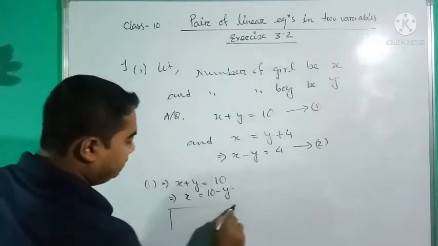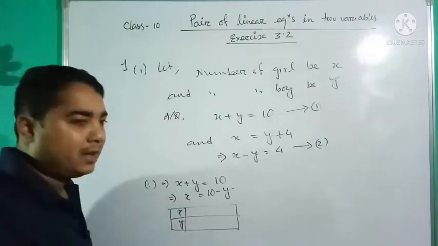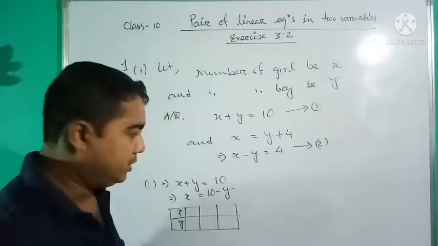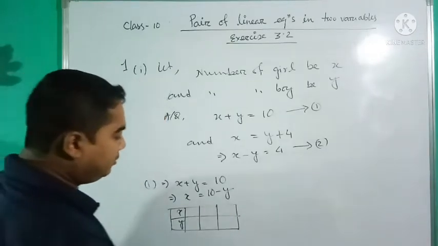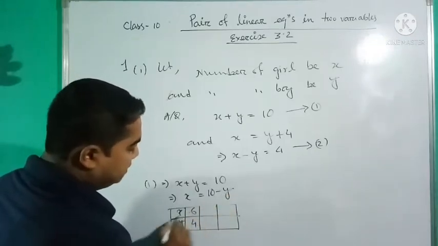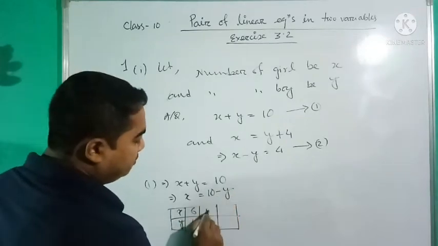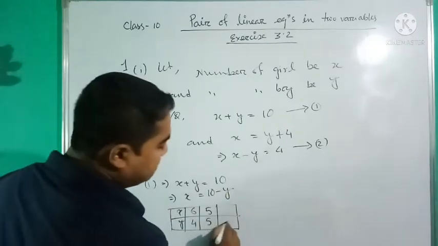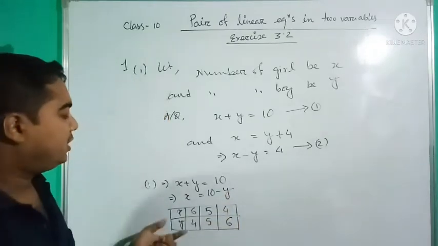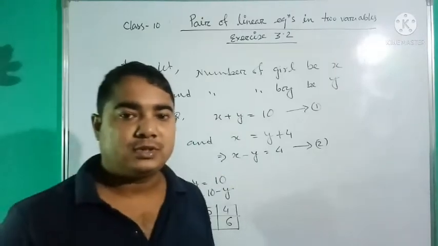Now make a table; 3 coordinates are sufficient. Take any y value. For y equal 4, 10 minus 4 is 6. For y equal 5, 10 minus 5 is 5. For y equal 6, 10 minus 6 is 4. We got 3 coordinates for the first equation: (6, 4), (5, 5) and (4, 6).